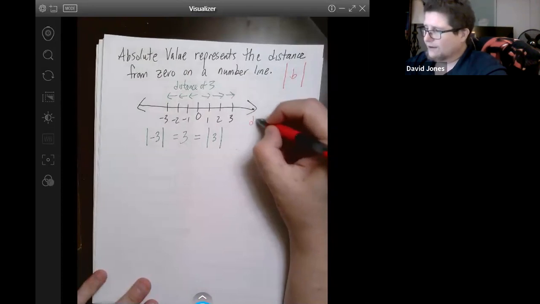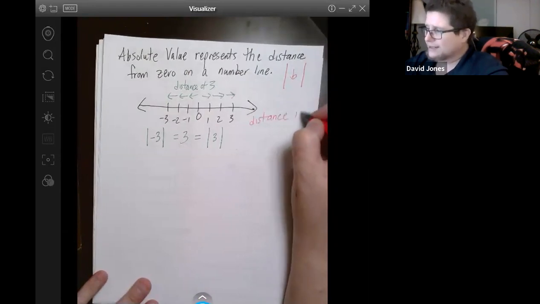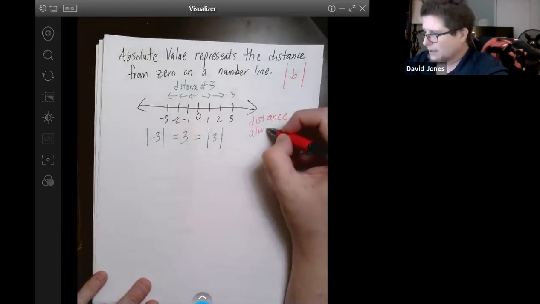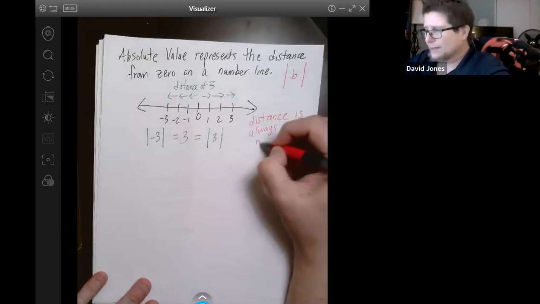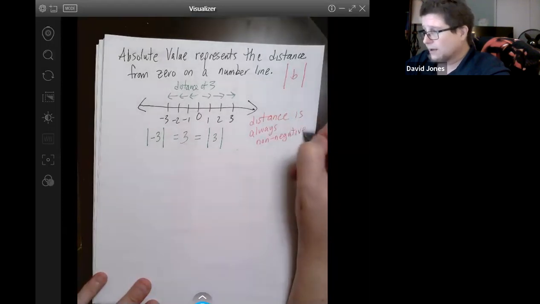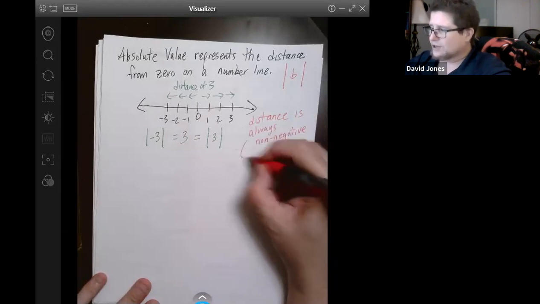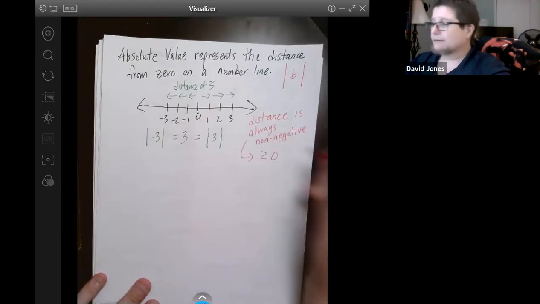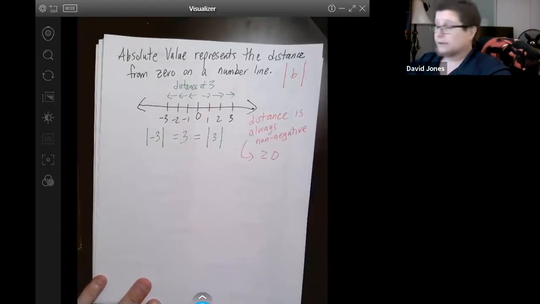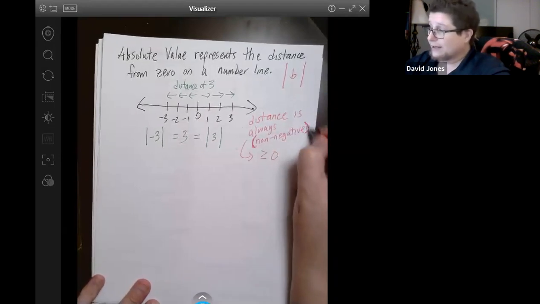Recall, or maybe not recall if you never thought about it, distance is always, the math term is non-negative, but in reality, distance is always greater than or equal to 0. That's the special math jargon right there.